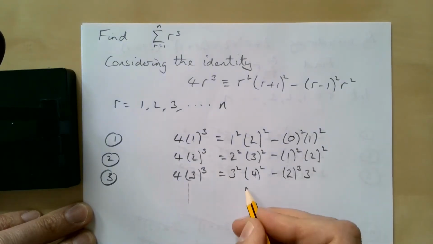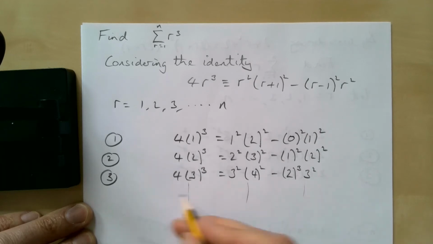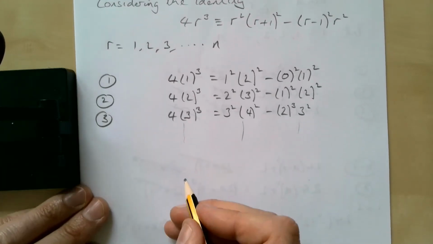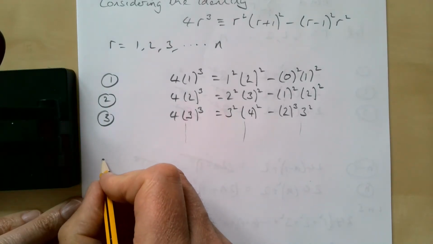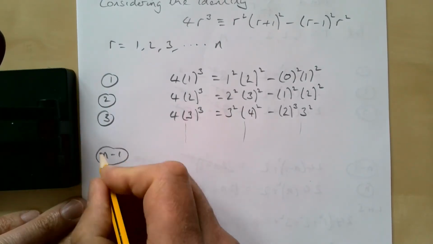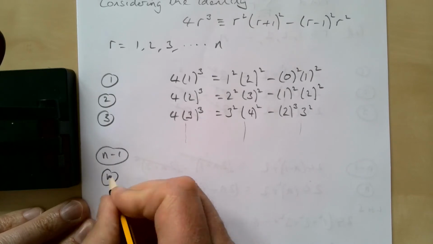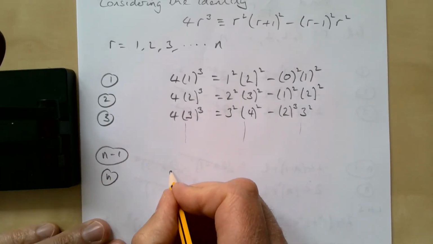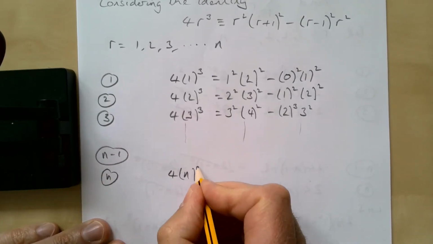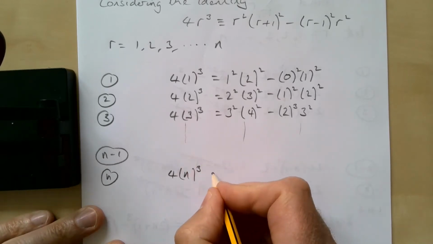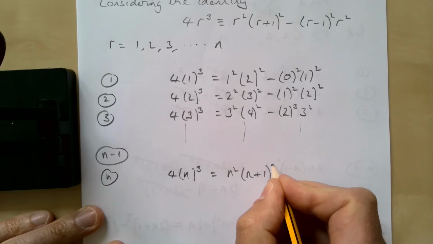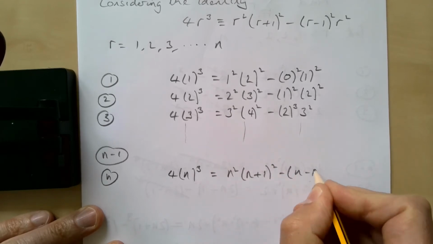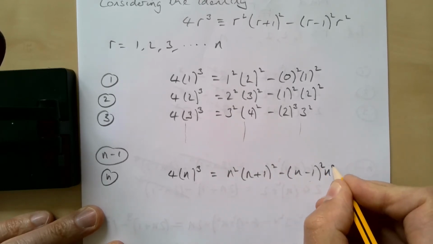Again, we're going to do a wee gap here, so these work all the way down. You would put in 4, 5, 6 and so on, all the way down to n minus 1. We're just going to do n first because this is a wee bit easier. So that's of course going to be 4 upon n cubed, and that equals n squared, n plus 1 all squared, take away n minus 1 all squared, upon n squared.